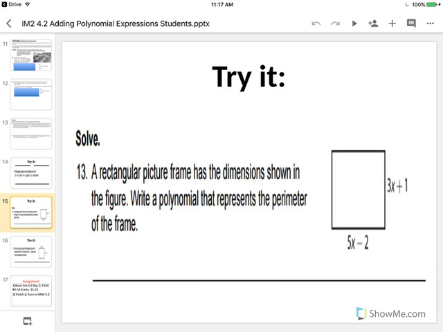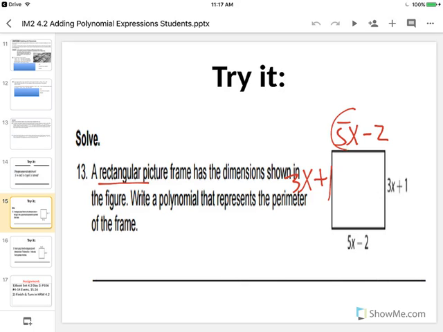Okay, so let's try number 13. A rectangular picture frame has the dimensions shown in the figure. Write a polynomial that represents the perimeter of the frame. The clue here is that the given is a rectangular picture, so this side is also 5x minus 2, and this side is 3x plus 1.